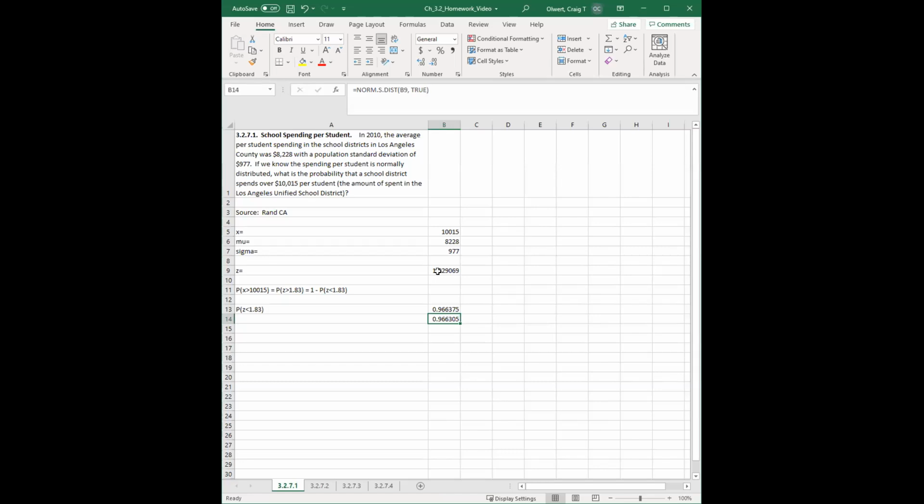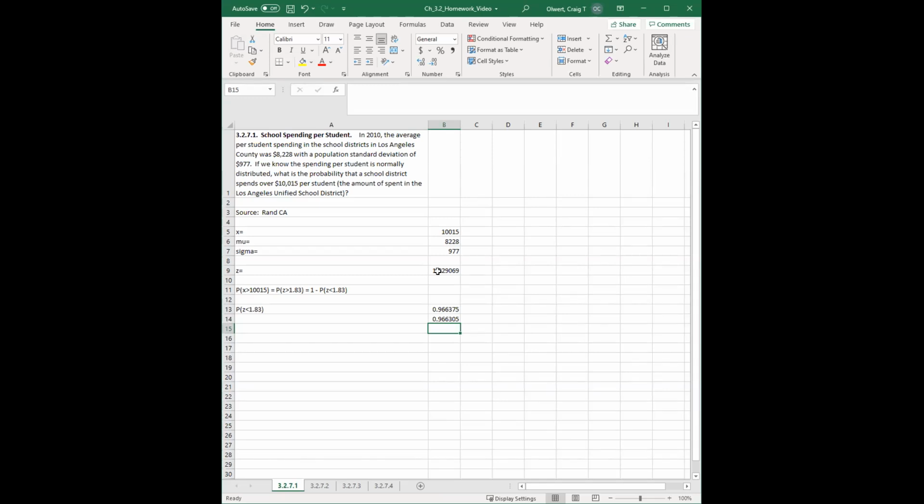Then you get 0.9663. Finally, if you don't want to calculate the z-score, you can use NORM.DIST. NORM.DIST asks for the x value, the mean, mu, the standard deviation, sigma, and then true or false. NORM.DIST just asks for the information to internally calculate the z-score and then gives the same answer as NORM.S.DIST.